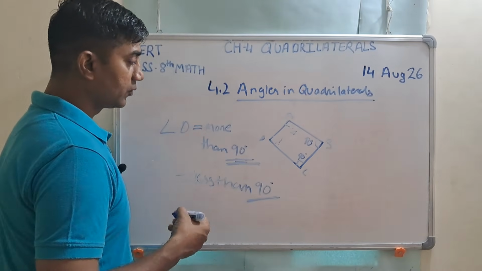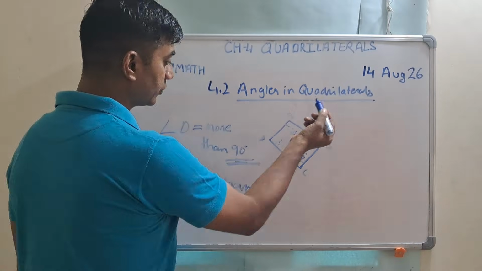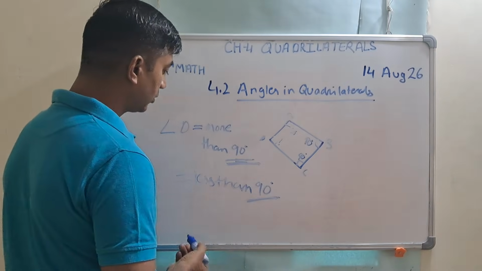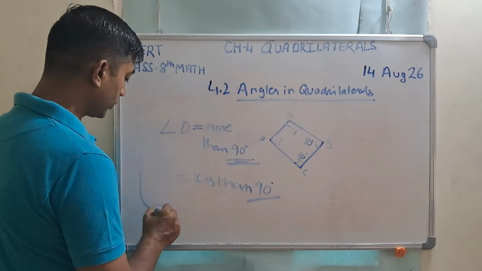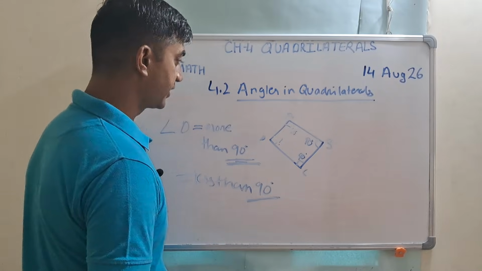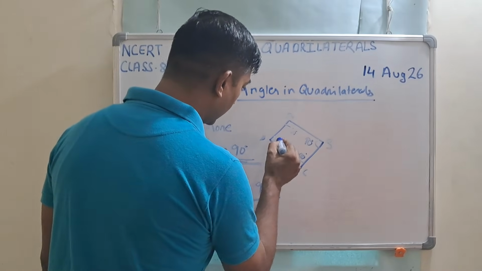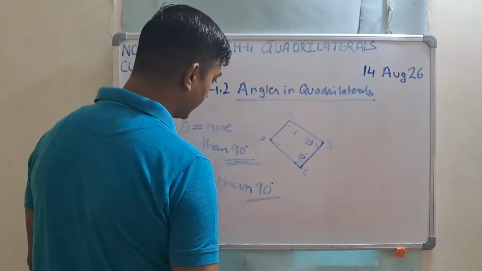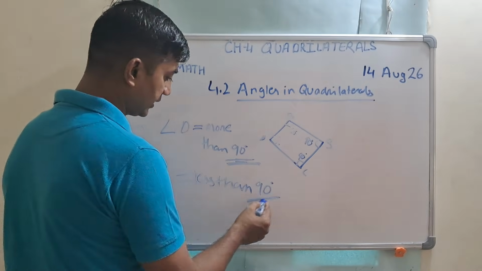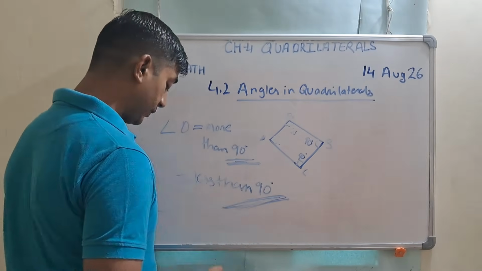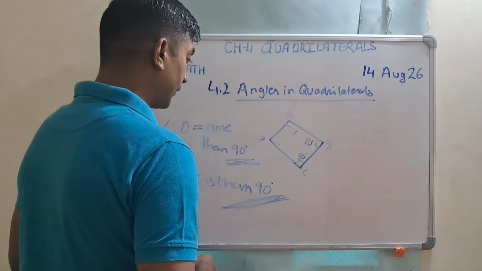That is what we will see in angles in quadrilateral, and we will find out the answer to this question after our discussion. What will be the fourth angle, and is this angle more than 90 degree or less than 90 degree? Understood? That we will see after discussion.